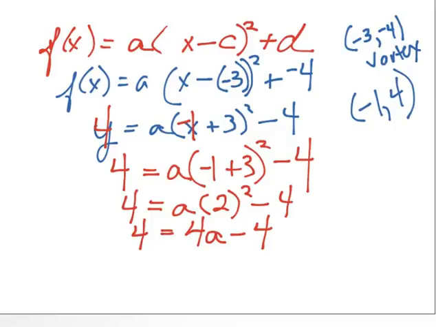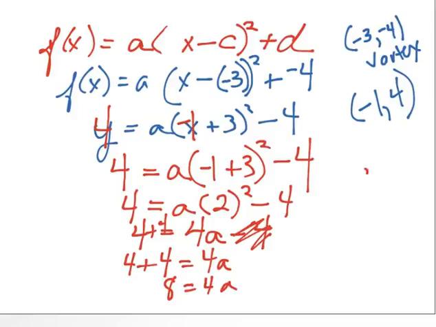If I move this 4 to the other side, that's 4 plus 4 is equal to 4a. So 8 is equal to 4a. Now what do I do? Divide both sides by 4. And so a is equal to 2.